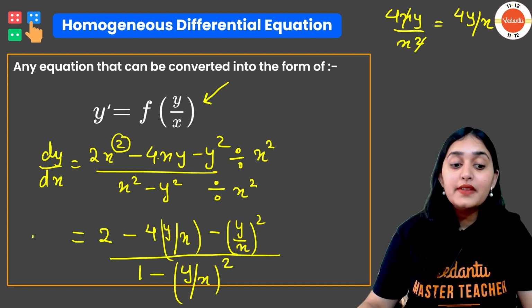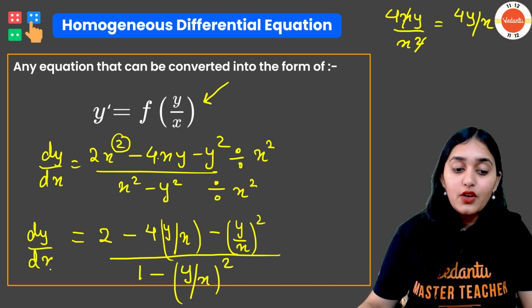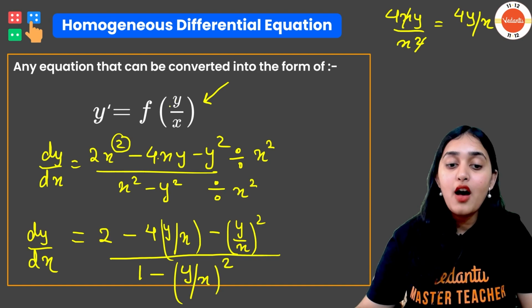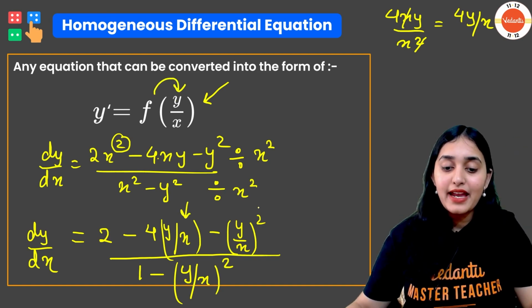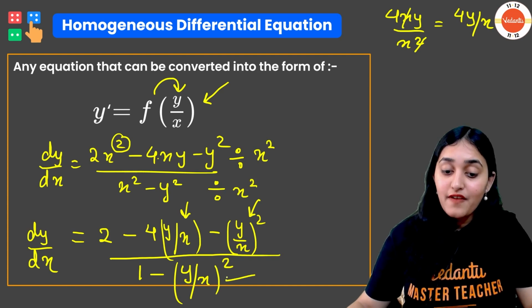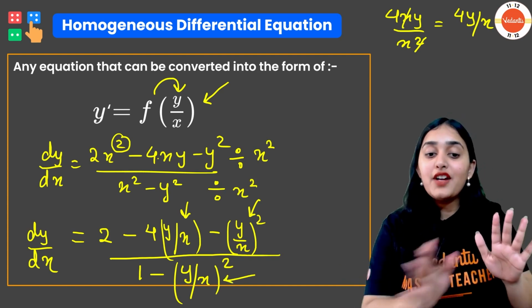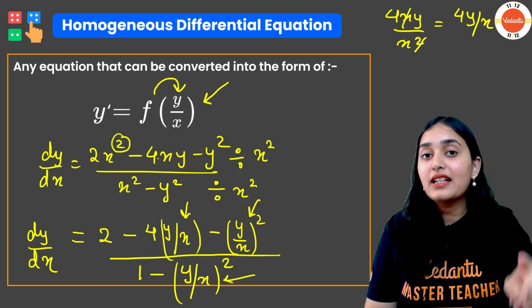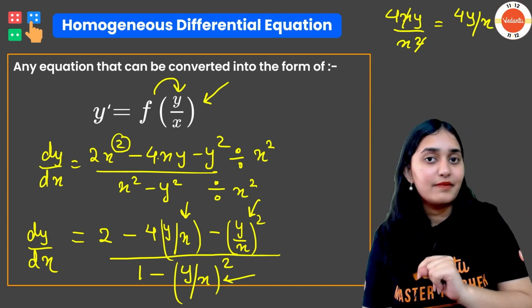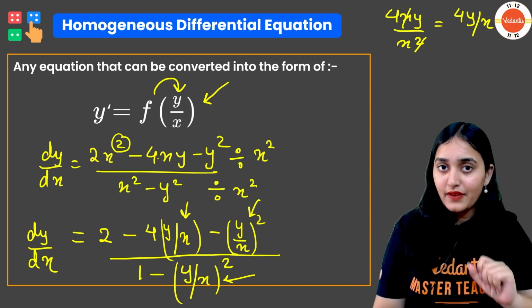Now if you observe here, your differential equation is of the form function of y by x. So you have converted your entire equation in the form of a function of y by x. Clear?